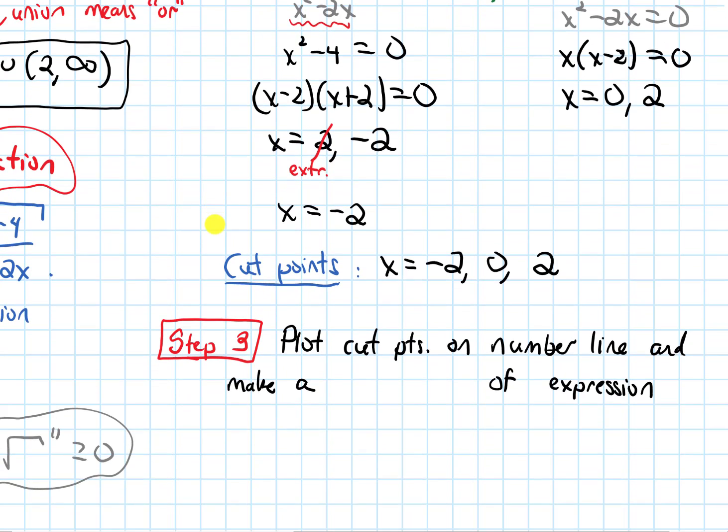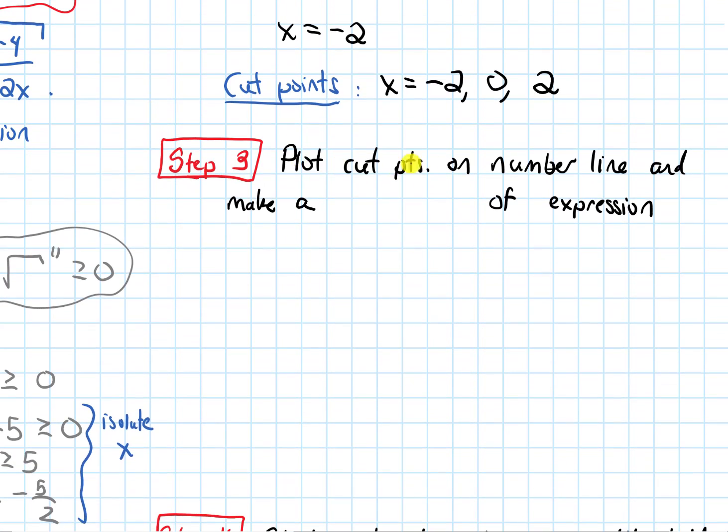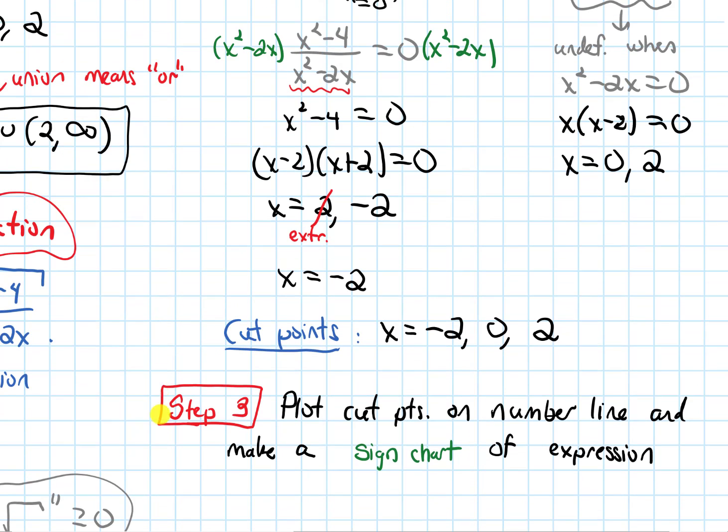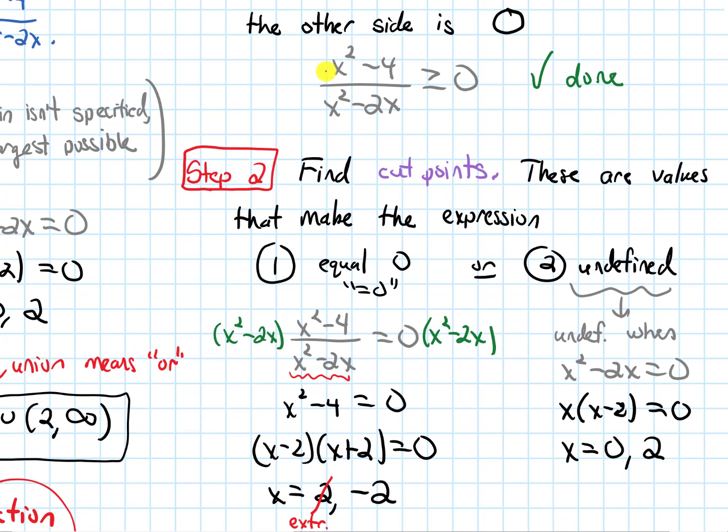Step 3 says, plot the cut points on a number line, and then make a sign chart of our expression. So we want to know when our expression is positive and when it is negative. Our expression was x squared minus 4 over x squared minus 2x.